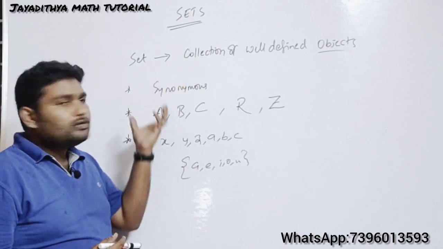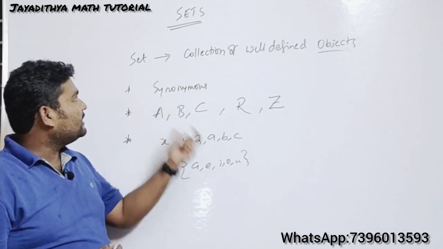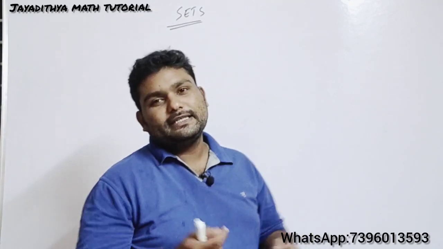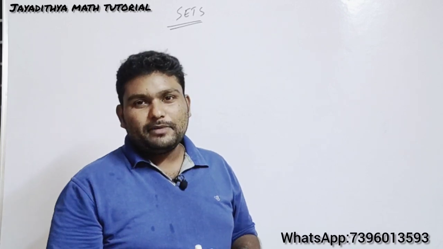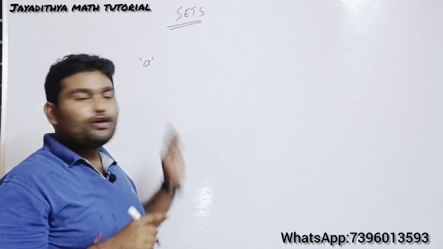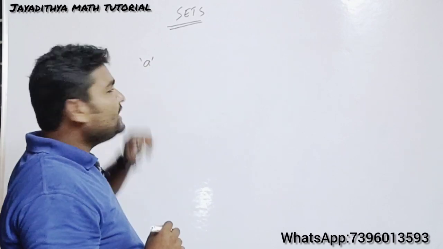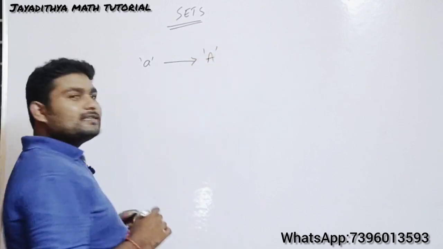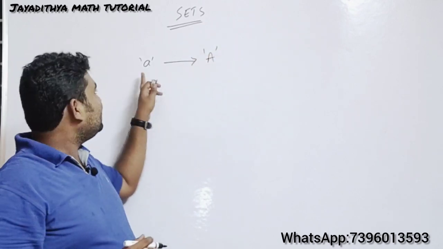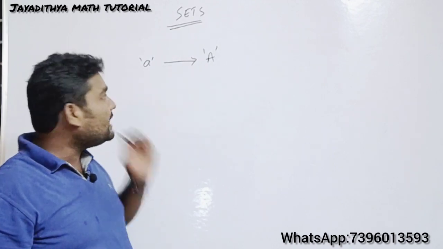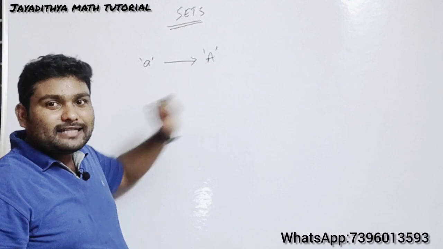So you should understand these 3 concepts related to sets here. See here, for example, if a is an element of set A, I am representing the element with a small letter, and the set is denoted by the capital letter. Small a is the element and capital A is the set.